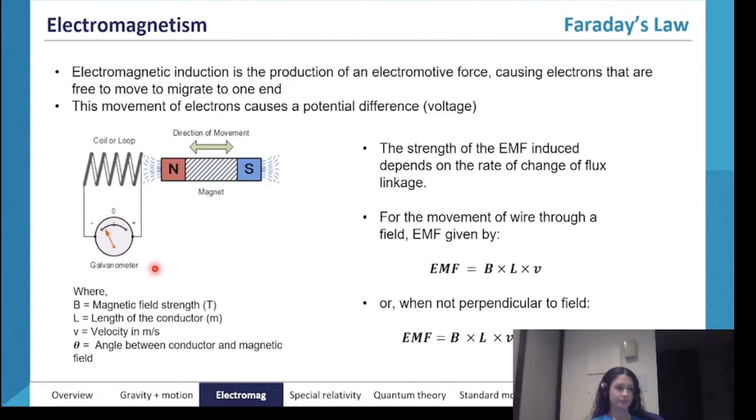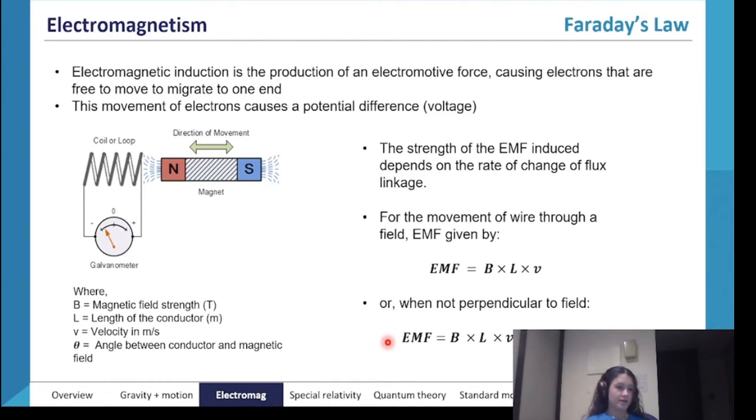The strength of the EMF induced depends on the rate of change of flux linkage. For the movement of wire through the field, EMF is given by the magnetic field strength multiplied by the length of the wire multiplied by the velocity that the wire is traveling at.